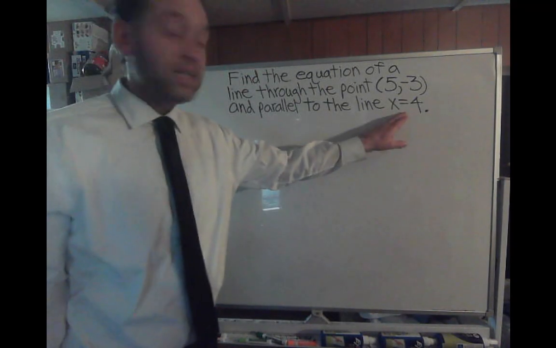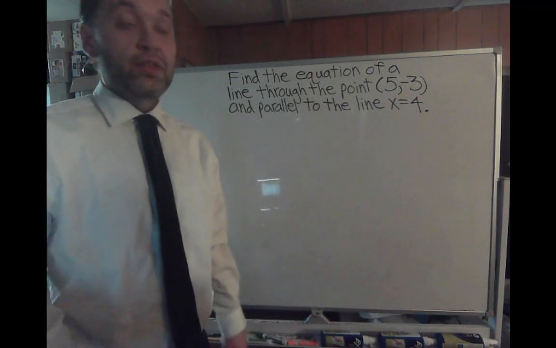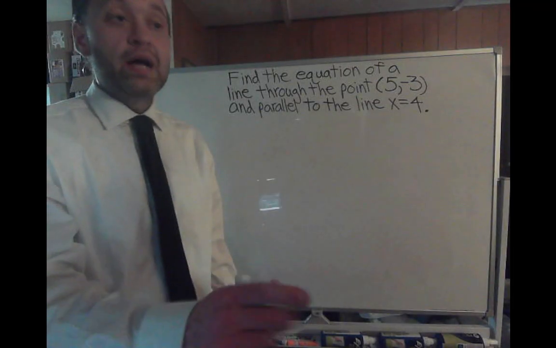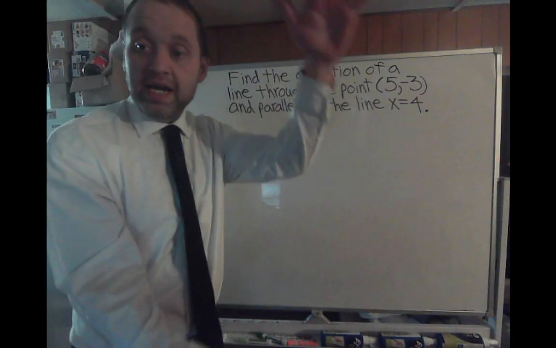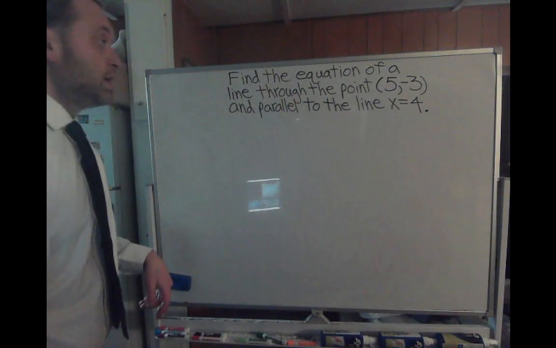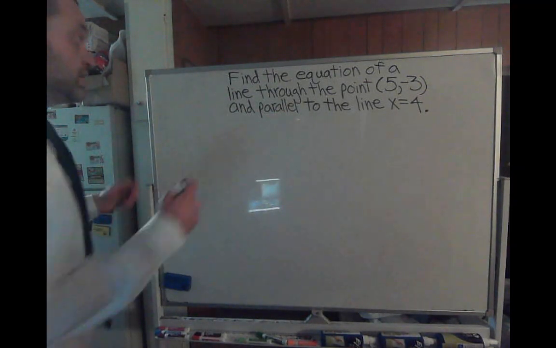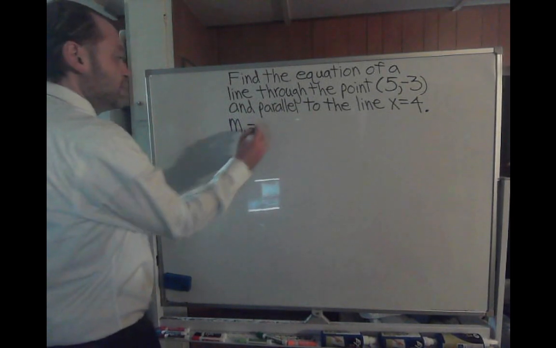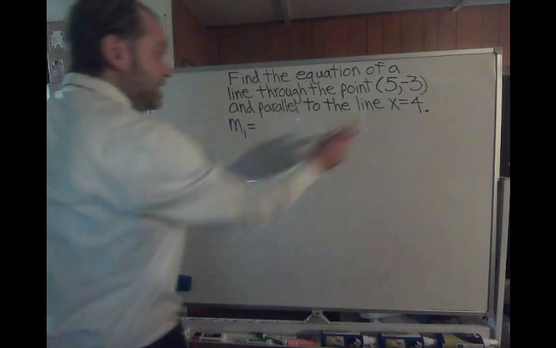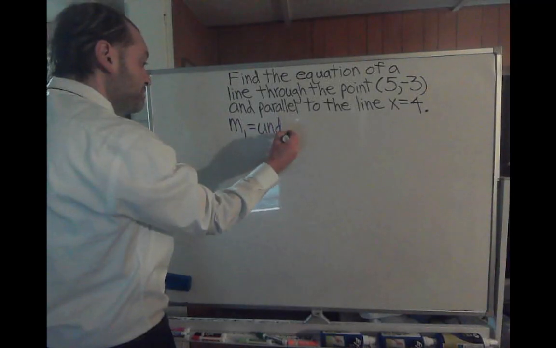If you just have x equals 4, that means it's a vertical line going through (4, 0) on the x-axis and continuing straight up and down infinitely, which means the slope is undefined. We'll label this M1. If it's the line x equals 4, that means the slope is undefined.